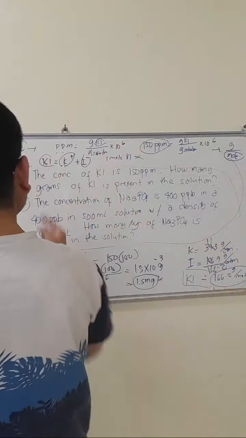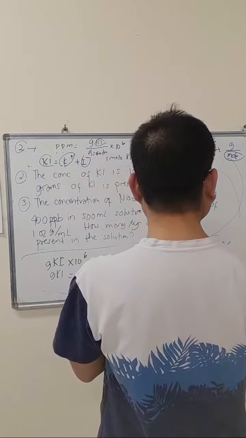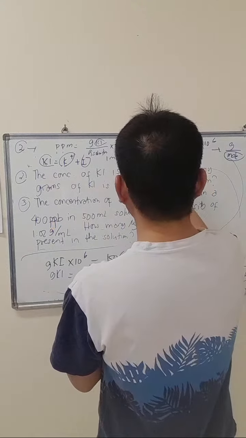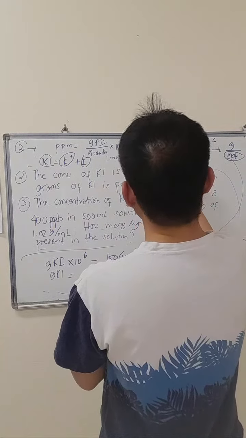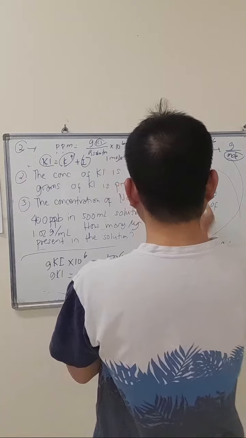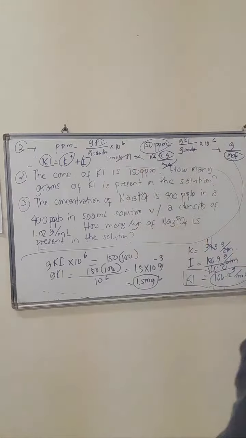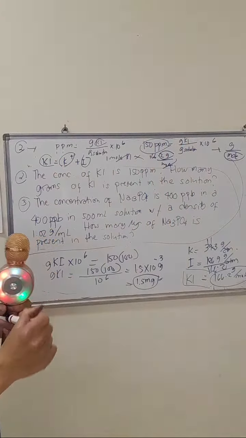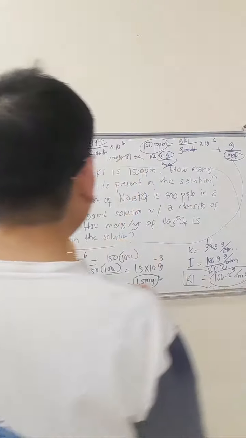If we log the number of moles, potassium iodide has 1 mole, related to the molar mass of 166.2 grams per mole. Now we have the grams of potassium iodide. So what is the use of the PPM formula? This is not really logical. Again, you have to say this.